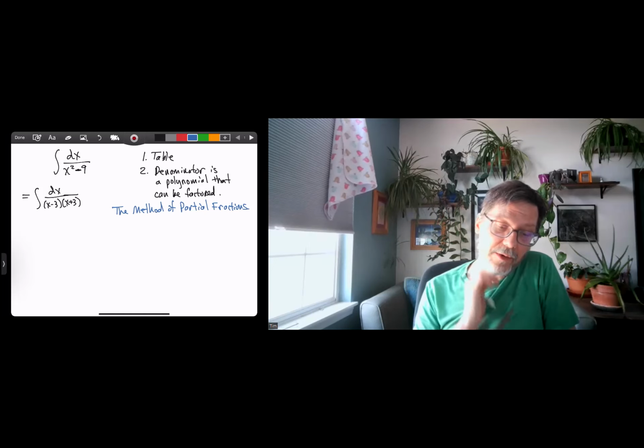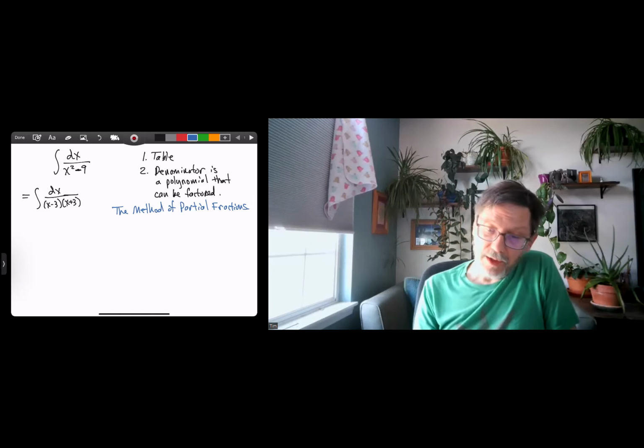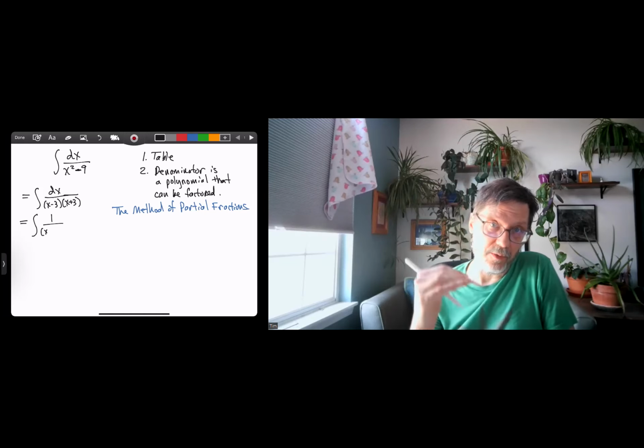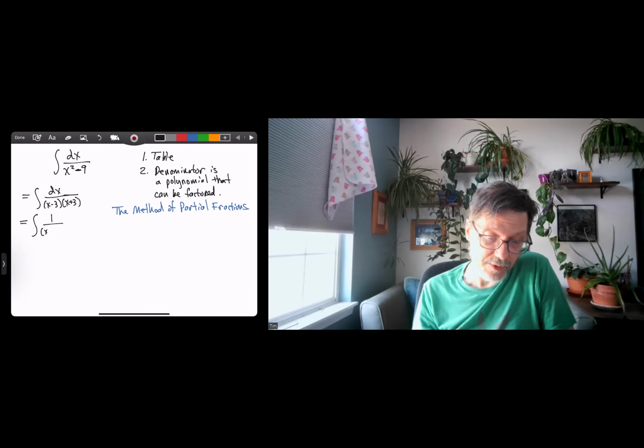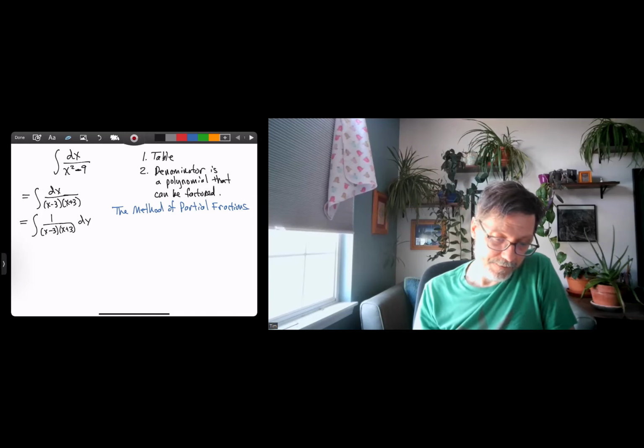So let's go back to the problem at hand. I've got this integral, which really, it's this fraction. These are called rational functions. When you have a polynomial over a polynomial, that's called a rational function. And I'm just doing something kind of silly, but to point out that this thing here is the fraction that I want to do something with.